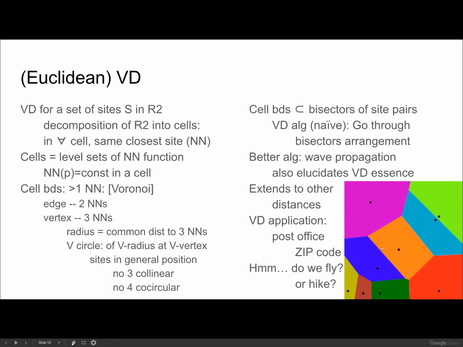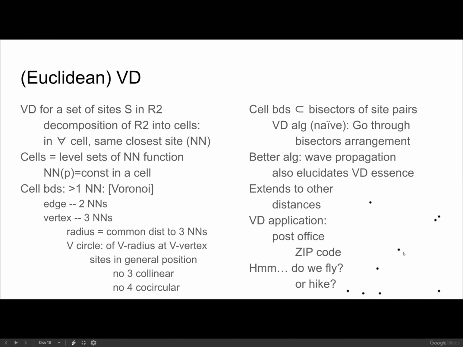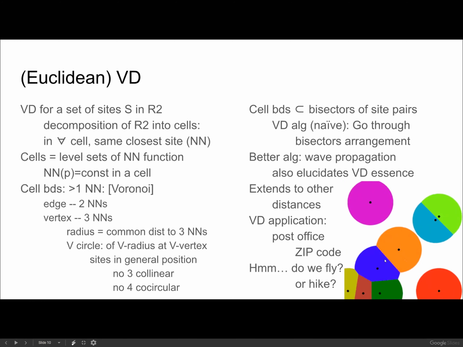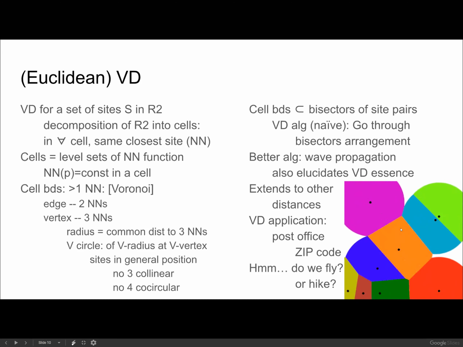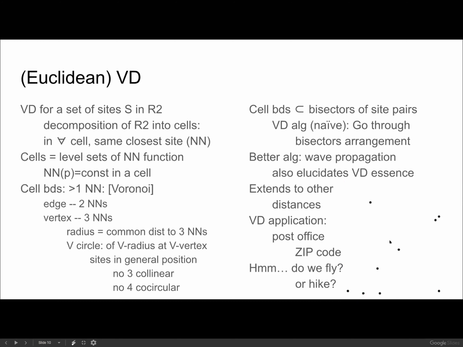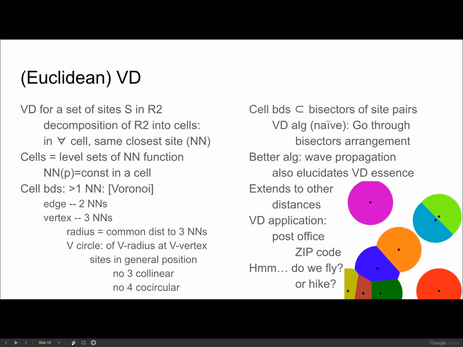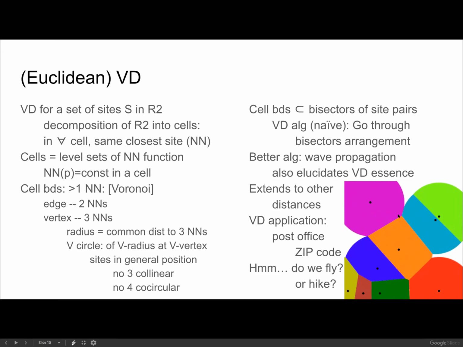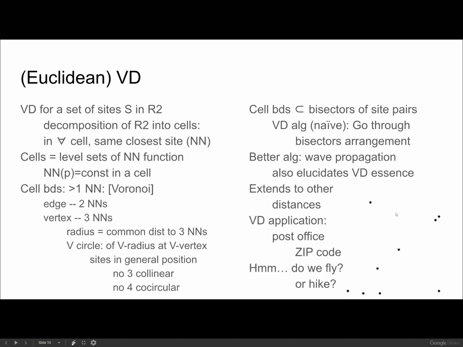And when you drop the stone, you have these circular waves coming out of the stone. And where these waves meet, you have the edges of the Voronoi diagram. So you have the places which are equidistant from 2 sides. And sometimes 3 waves meet at a point, and these points are the Voronoi vertices.